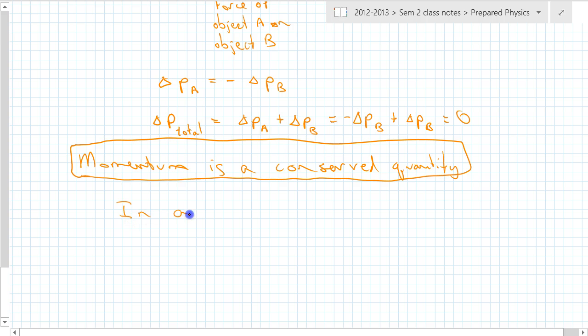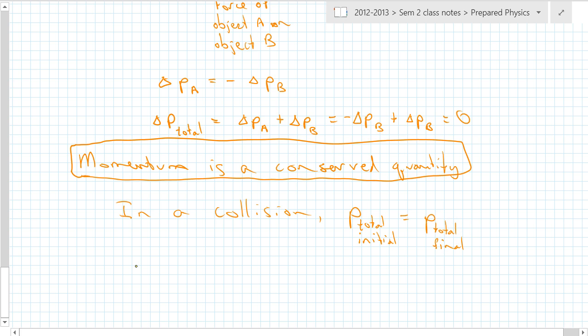In a collision, P total initial equals P total final.